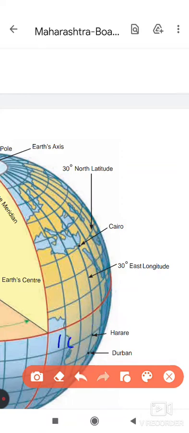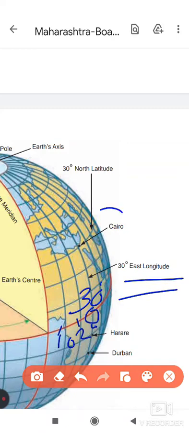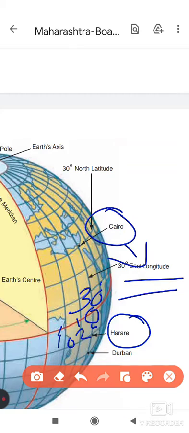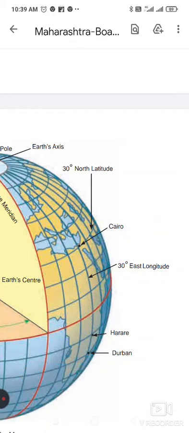Here is the 30 degrees on the longitude. So Cairo is situated on the 30 degrees, while Harare of Zimbabwe in Africa and Durban in South Africa are situated on this 30 degrees longitude.